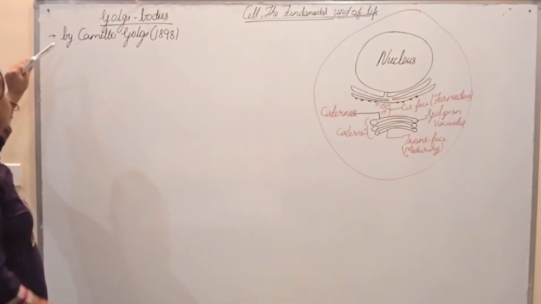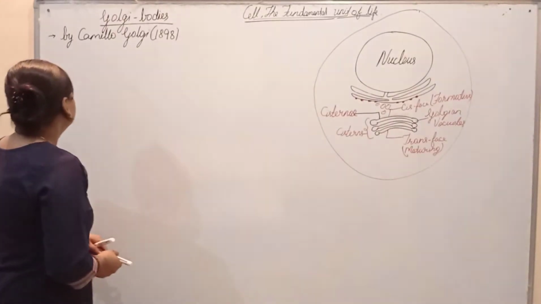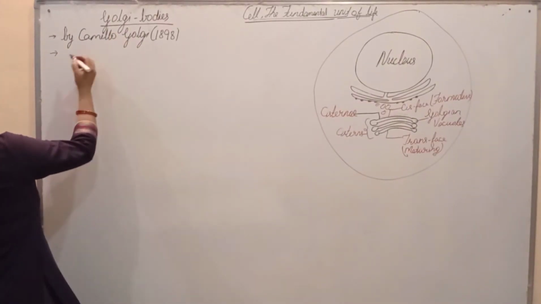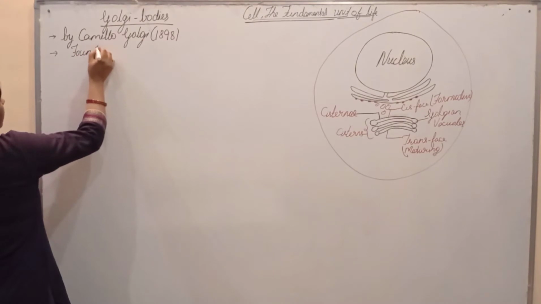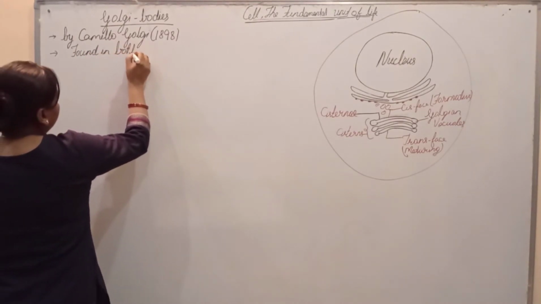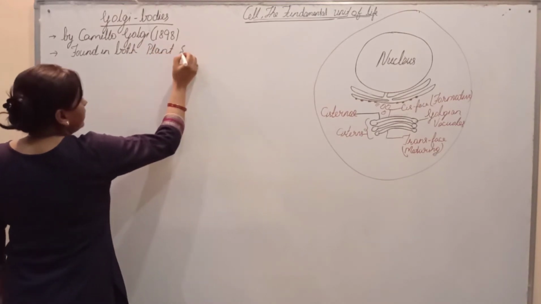Camillo Golgi first discovered the Golgi bodies in the cell, and they are found in both plant and animal cells.